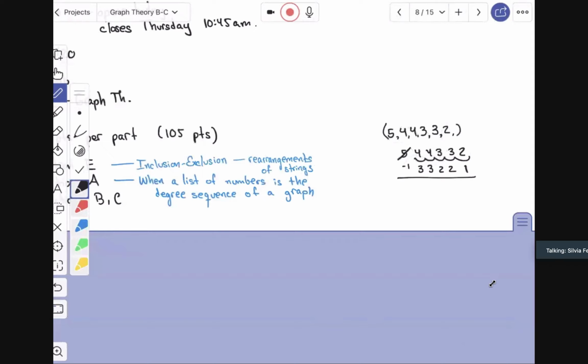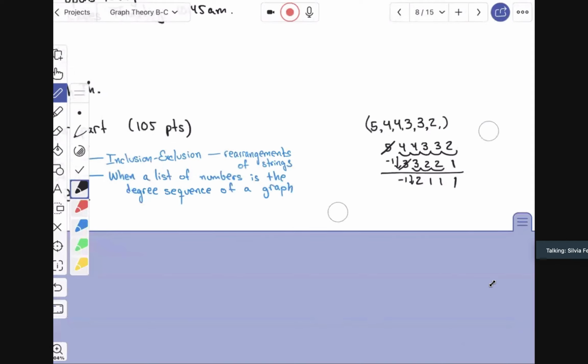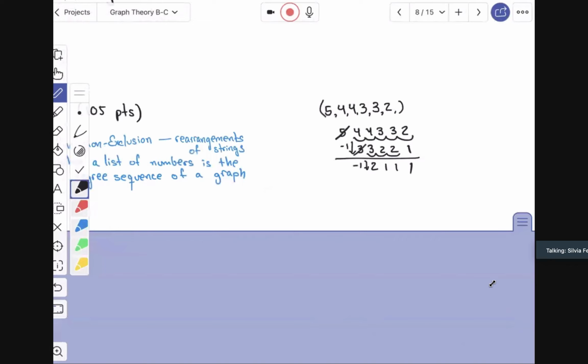So these ones are already ordered. And so again, remove that, subtract from the next 3 because I removed the 3. So minus 1, you get 2, 1, 1, 1, and you reorder. And you continue like that until you figure out whether this is the degree sequence of a graph or not. Now, here's the thing.